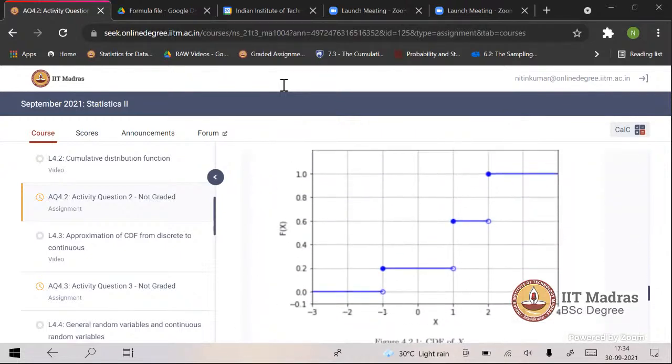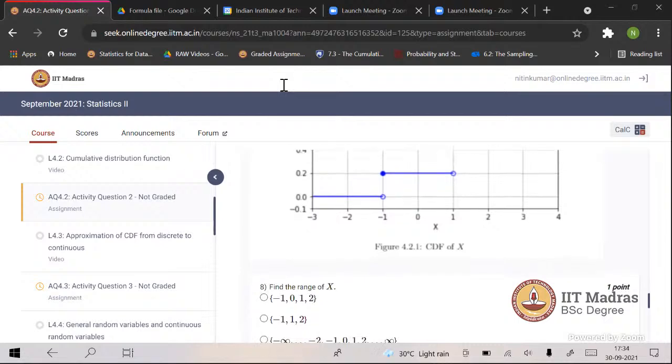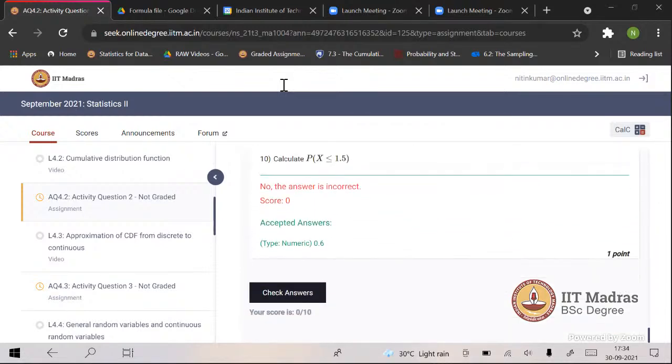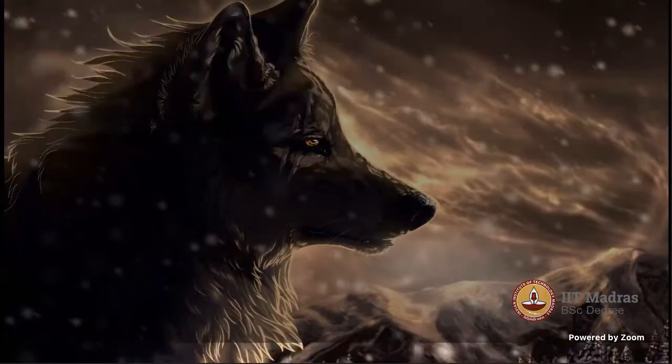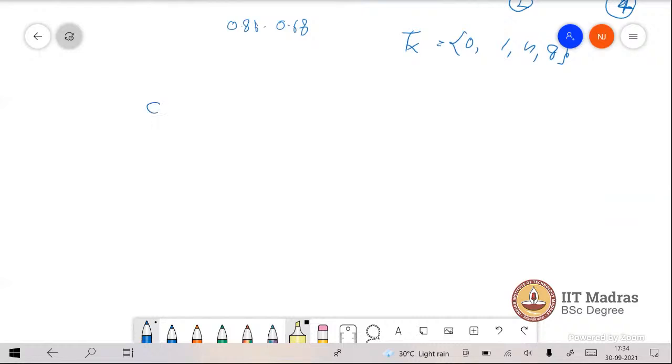Now look, the same thing we have discussed here again. You can solve this type of questions now. Now just go to our main concept of the continuous random variable. I told you if the CDF of a random variable x is a continuous curve, then x is a continuous random variable. And there is another type of random variable which is called a mixed random variable, which is neither continuous nor discrete.